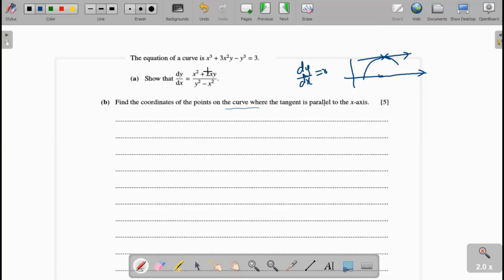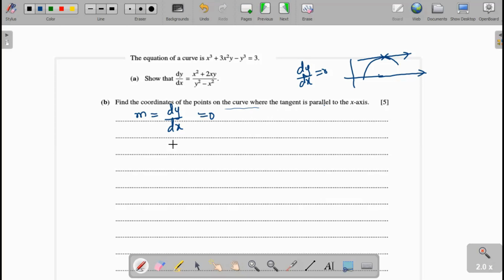Now the dy/dx of this curve is given, therefore we set it equal to 0. The gradient of the tangent is dy/dx, which equals 0, and with this we find the coordinate points on the curve where the tangent is parallel.